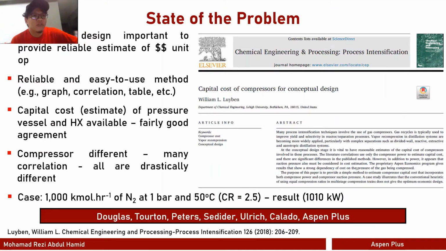Okay, I think there's enough introduction and background to our compression system in Aspen Plus. So today, as you can see in these slides, these are the problem or process that we will model in Aspen Plus. For your information, all of these are extracted from this journal, Capital Cost of Compressor for Conceptual Design by William L. Luyben from Lehigh University, published I think in 2018.